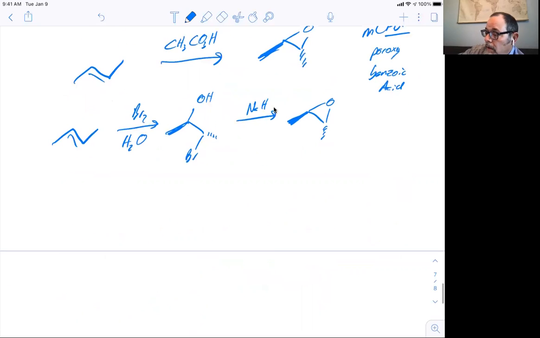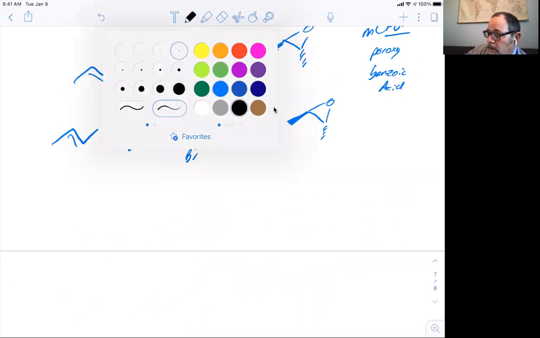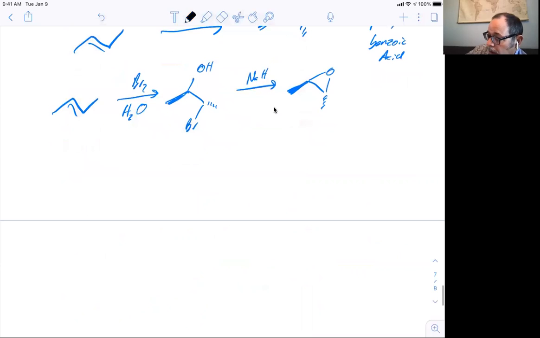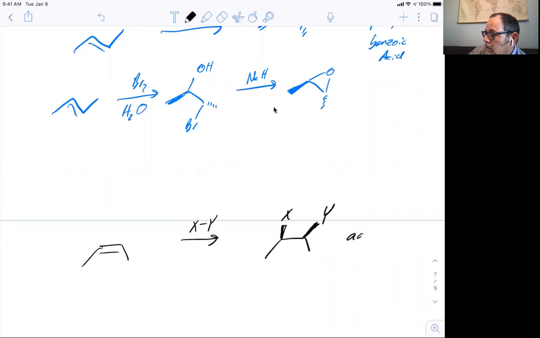Syn addition. So the question is, what is syn addition? When we look at a double bond and we have our groups added, if I add both of those groups to the same face, we use face here because of the plane, right?